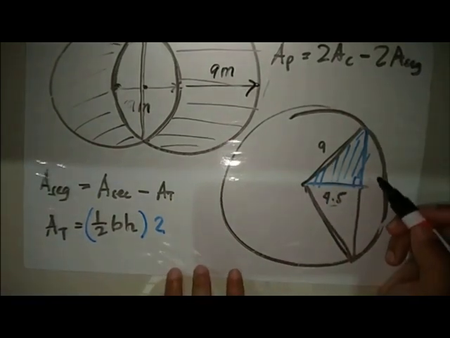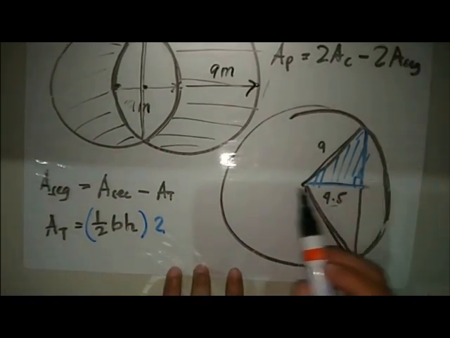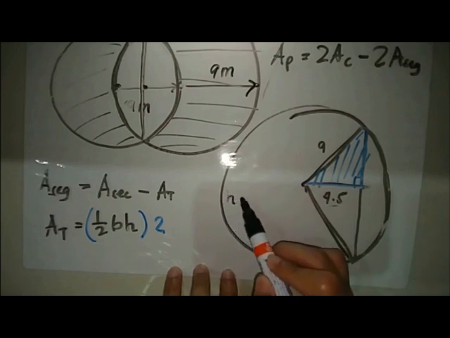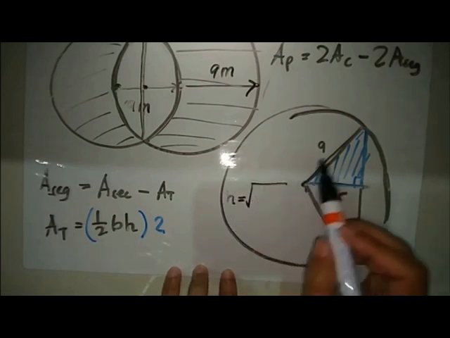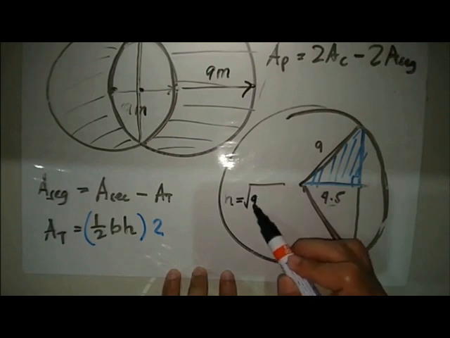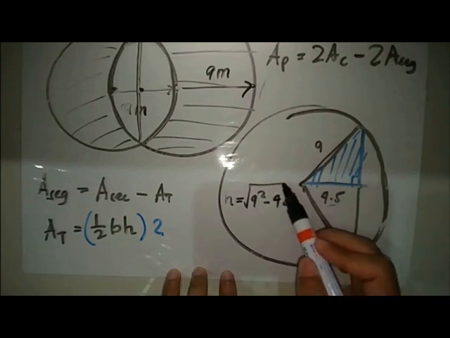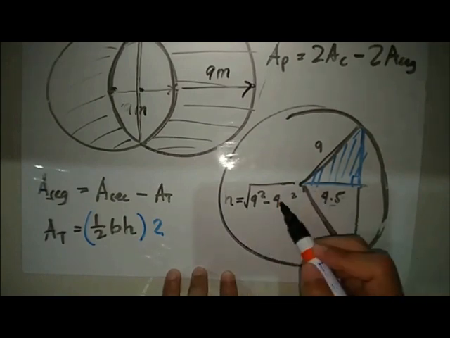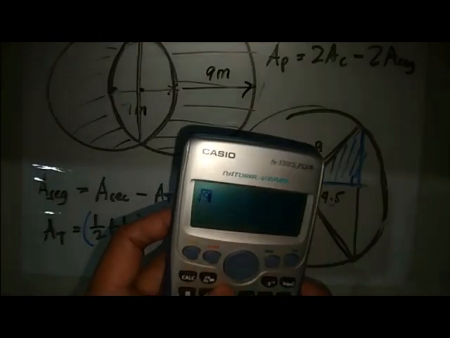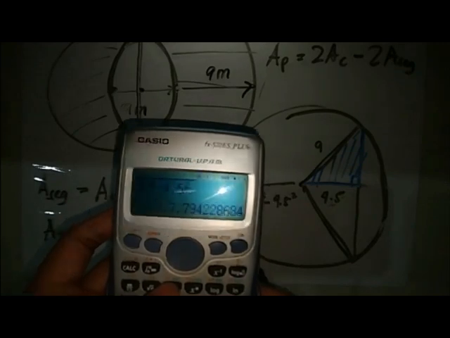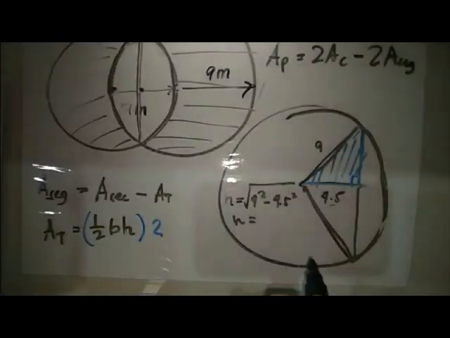So, the height here is equal to the square root of 9 squared minus 4.5 squared, using Pythagorean. That is, height will be 7.79.